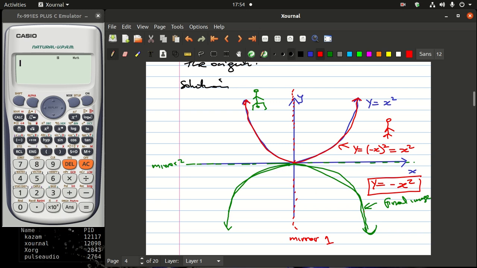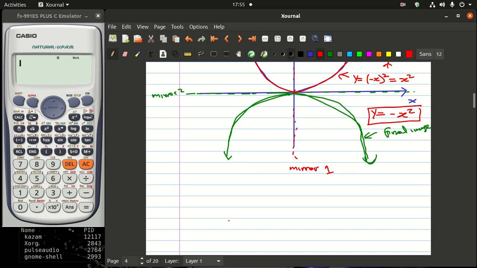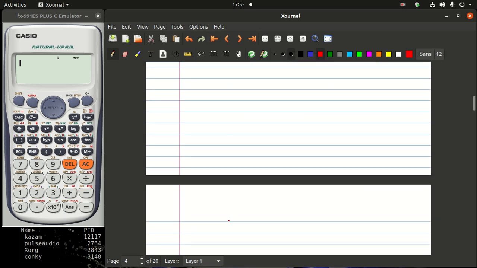But when we are taking the image of this by the y-axis, we're still gonna get the same thing. So it doesn't matter whether you take the y-axis first or the x-axis first, but you have to go through the two mirrors. Let me take another example here to make sure that we get this the right way.